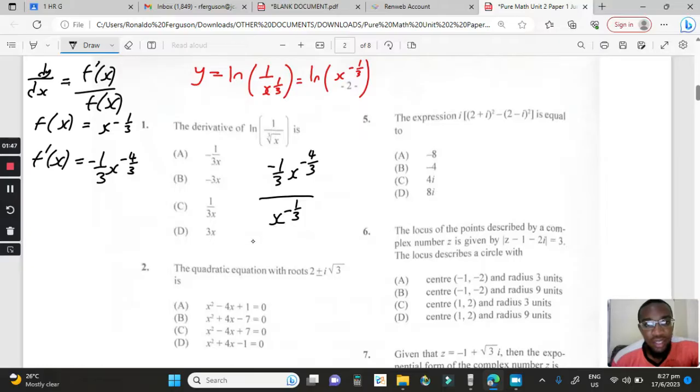Now remember whenever the bases are the same, we subtract the powers. So we're going to work out minus 4 over 3 subtract negative 1 over 3. Then we're going to put that in the calculator.